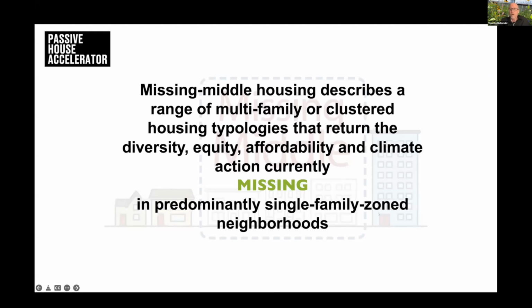Right. So look, in the couple of minutes remaining, how about we return to the definition? It's not anything special. It was just the beginning of a definition for the missing middle. How would we change this? How would we add to this?